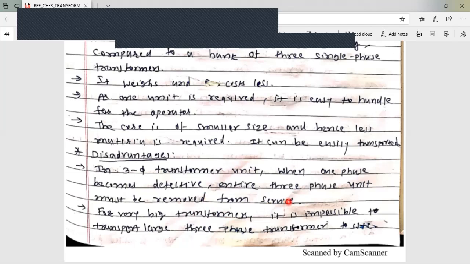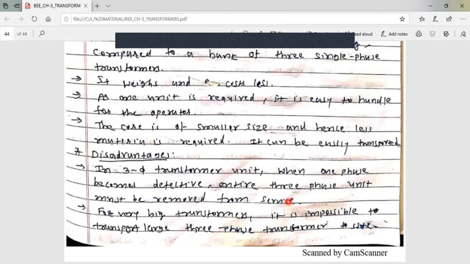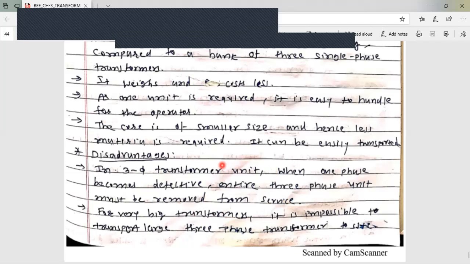As we have discussed, in a bank of three single phase transformers, if one unit becomes faulty, then we can handle that service using the other two units. But in a three-phase transformer unit, when one phase becomes defective, the entire three-phase unit must be removed from service.